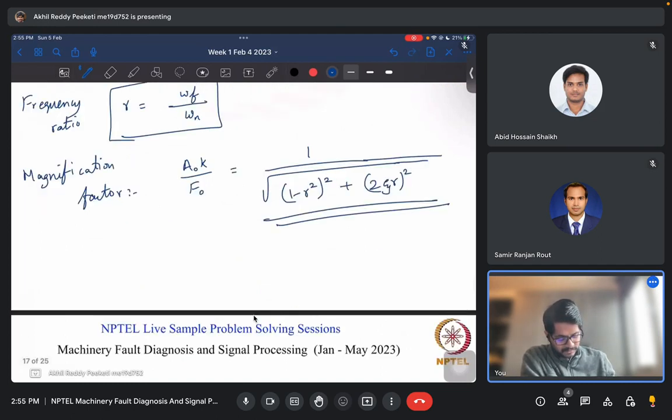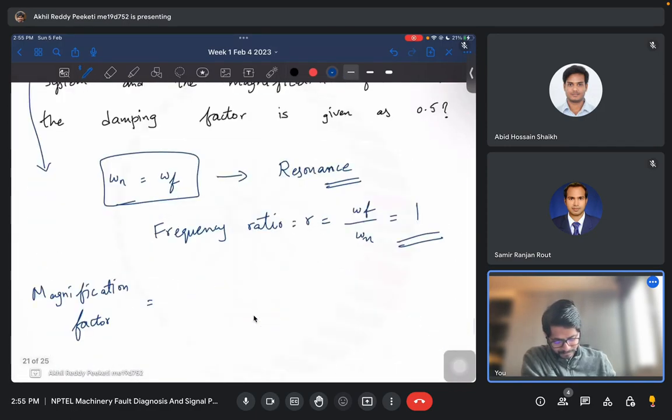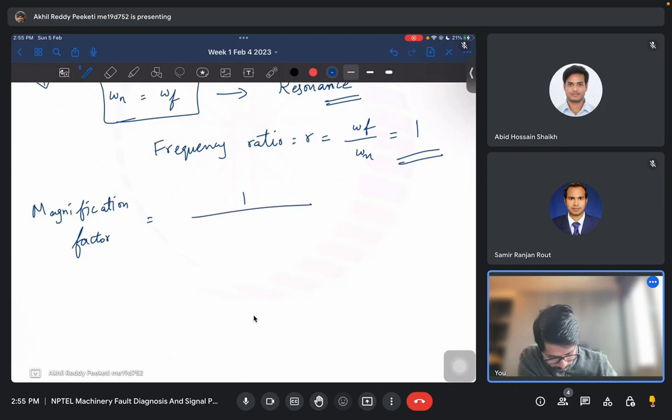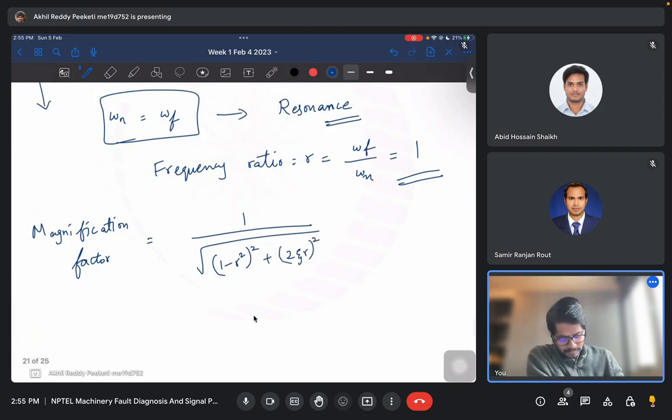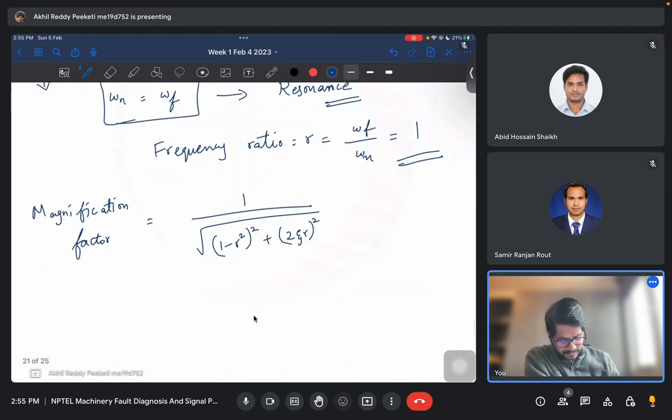Let me just rewrite that. Now we know R is 1 and the damping factor is given as 0.5.